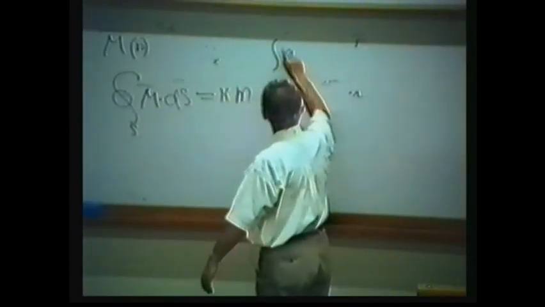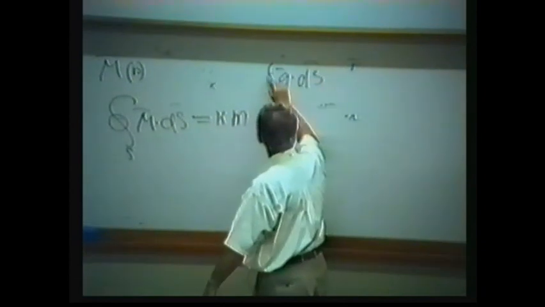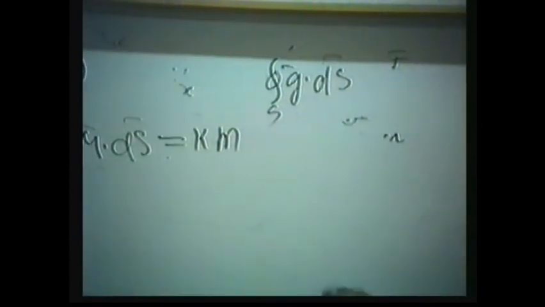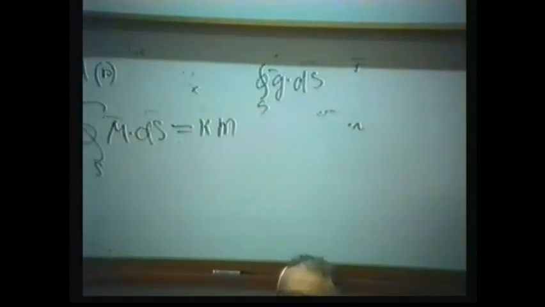It does not need to be made from something. It's a closed surface. What is the flux of the gravitational field through this surface? Excellent, zero.